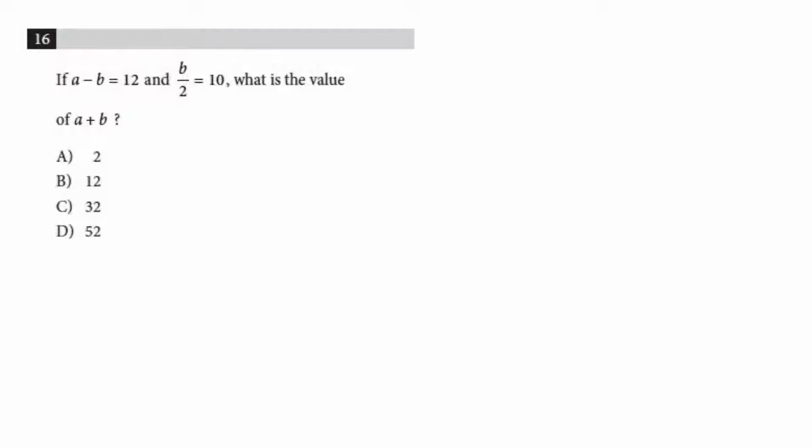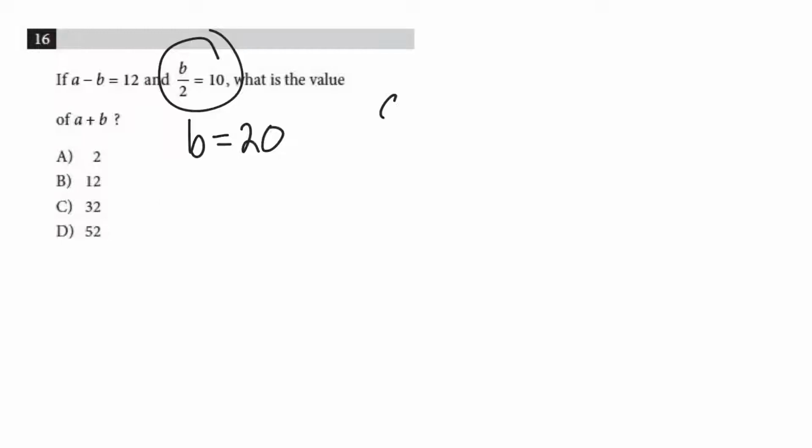16. If a minus b equals 12 and b divided by 2 is 10, what is the value of a plus b? Alright, well, I think we want to figure out what b is first, because we have one variable. B must equal 20. Multiply both sides by 2.